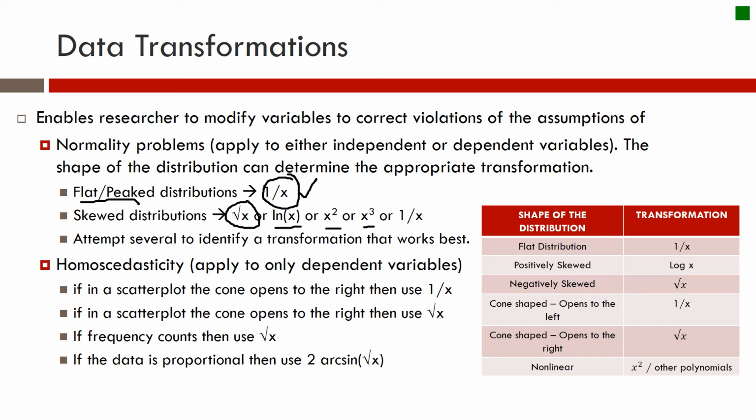Okay, you can also, if you note that your data is dealing with heteroskedasticity, applying only to the dependent variable, you can again do some of these different techniques. So we have square roots, we have inverses, right? We have arcsines that can be dealt with or used as well.